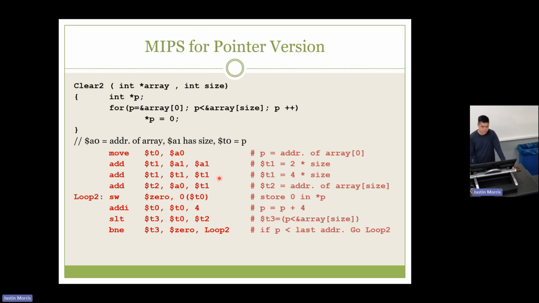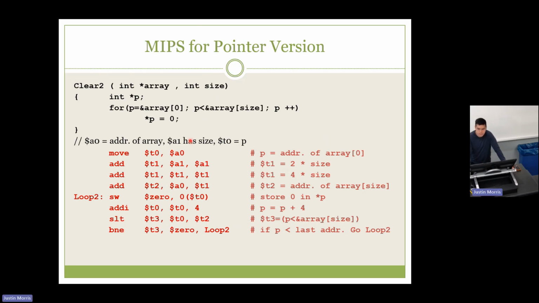For the pointer, we're going to do it a little bit differently. So we have the base address A0, and we also have the size of the array in A1. What we're doing here with these two adds is getting the total size of the array.